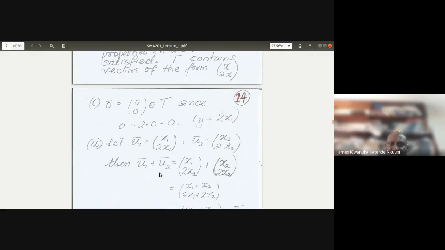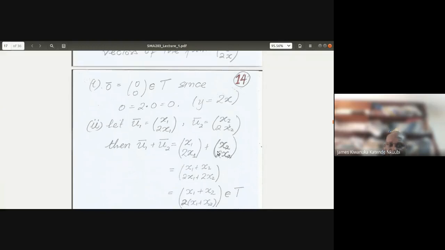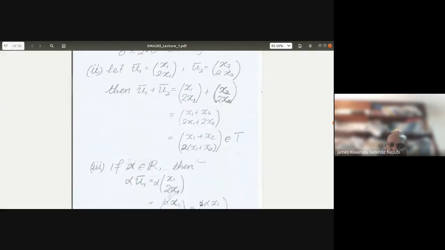We have u1 plus u2 will be equal to x1, 2x1 plus x2, 2x2. And when we complete the addition, it still ends up as x1 plus x2 as the first component, and 2 multiplied by x1 plus x2 in brackets.